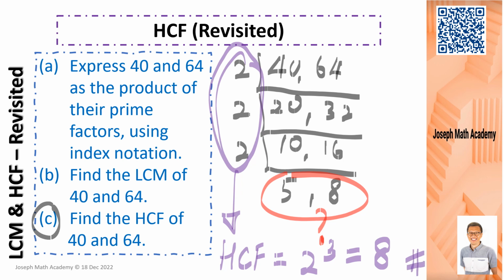So remember, HCF is controlled by the prime factors in the repeated division. As for LCM, we have to proceed until we get both 1, 1. It means we have to proceed to do our repeated division until we arrive at 1 for all the numbers in the repeated division symbol.